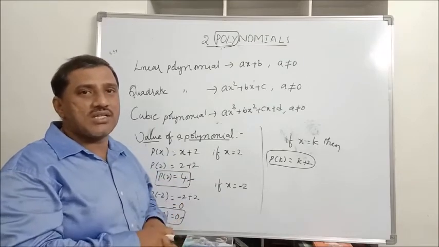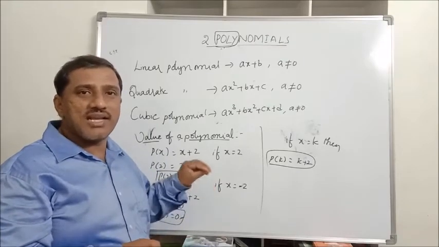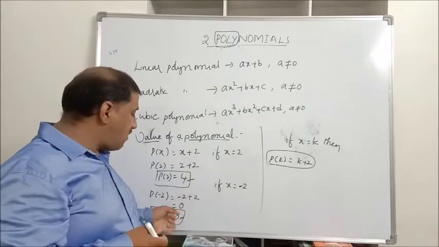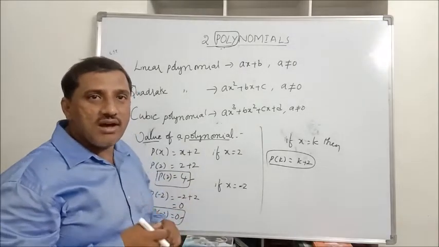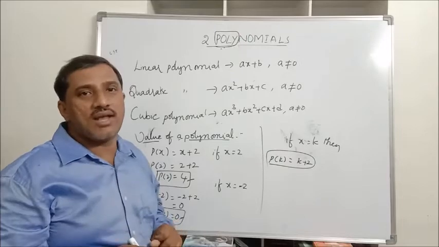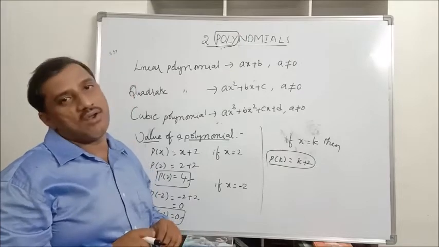When we substitute the given value in place of that variable and the total value is 0, then the substituted values are known as zeros of the polynomial.